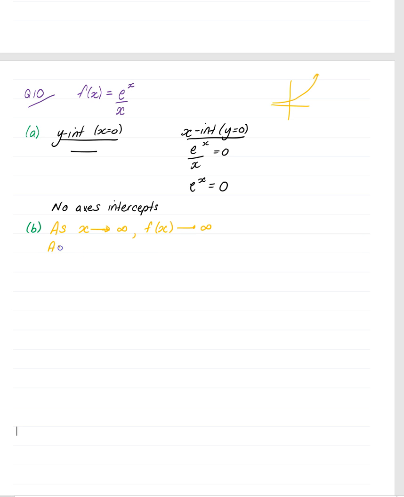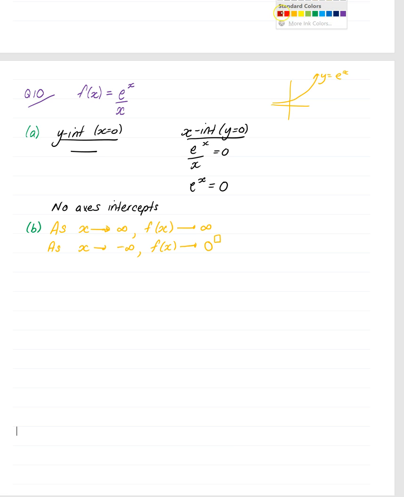As x is approaching negative infinity, it's different: e to the x is getting smaller and smaller, so it's approaching 0, and you're dividing by a large number, so it's approaching 0 again. I'm just going to leave that blank for now, because we can pop in whether that's from above or below, and I'll wait until I've drawn my graph to do that.